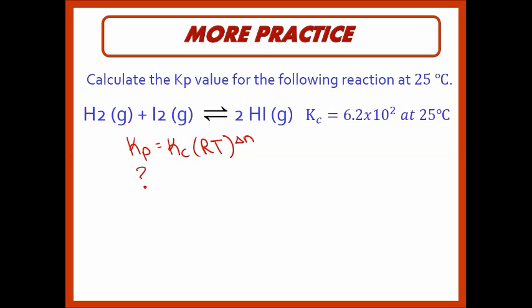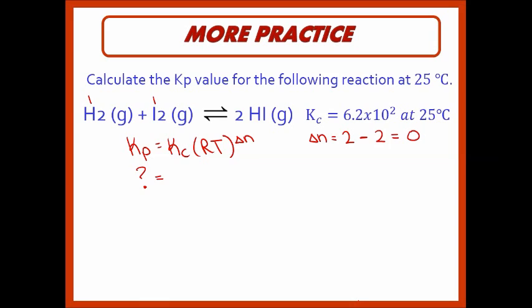Now, we need to solve for the delta N value. This delta N in this case is going to be equal to the moles of the gaseous reactant. So we have 1 mole of gaseous H2 and another mole of gaseous I2. So that's going to be 2 moles of gaseous reactants minus the moles of gaseous products, where we have 2 moles of HI gas. So in this problem, our delta N is equal to 0.